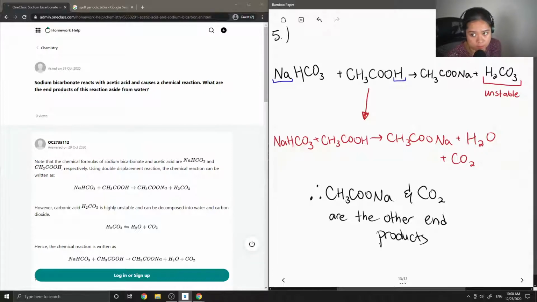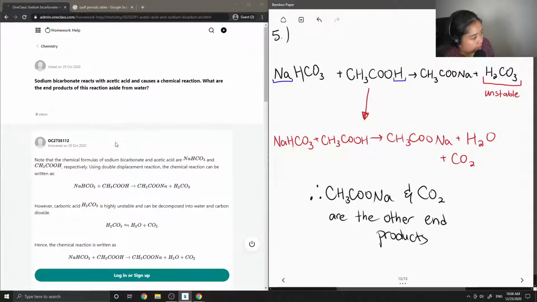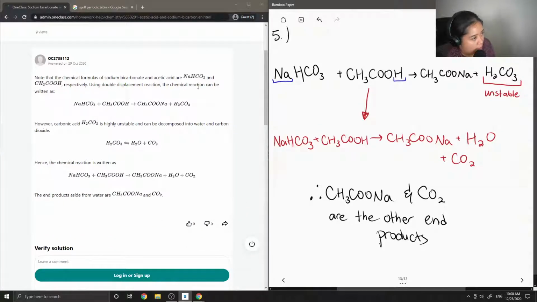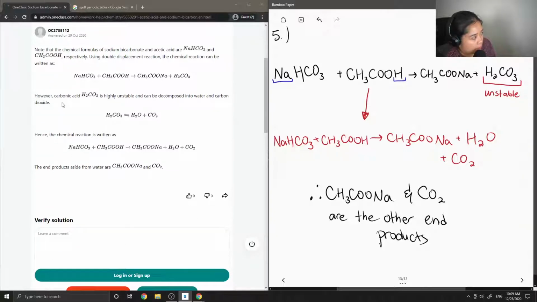Okay, so let's see what the junior tutor said. Note that the chemical formulas of sodium bicarbonate and acetic acid are NaHCO3 and CH3COOH, respectively. Using double displacement reaction, the chemical reaction can be written as... Yep.